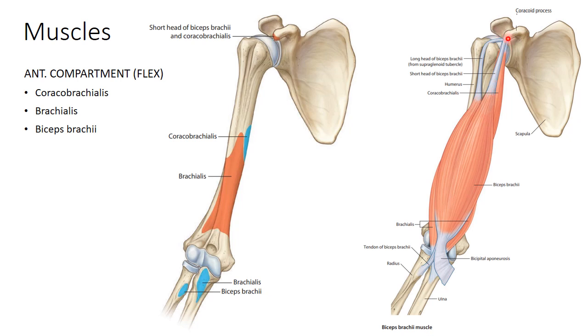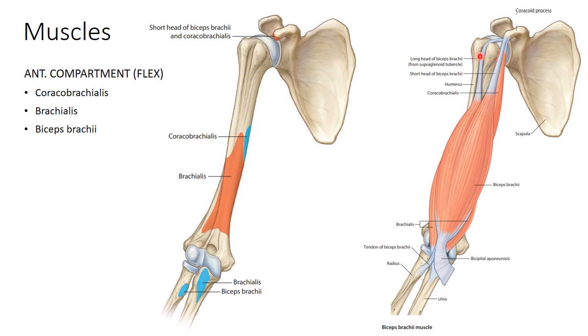And the long head arises from the supraglenoid tubercle, the tubercle above the glenoid cavity or glenoid fossa of the scapula, and then it passes above the head of the humerus to enter within the shoulder joint, and then passes through the groove, the bicipital groove or the intertubercular groove.